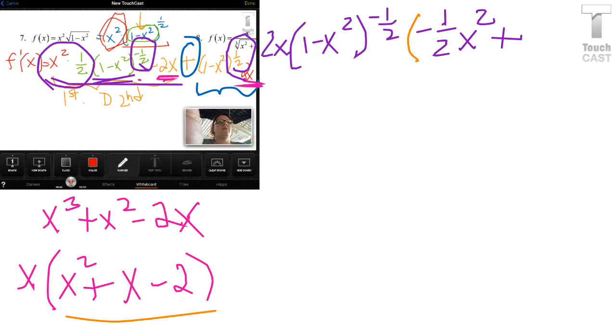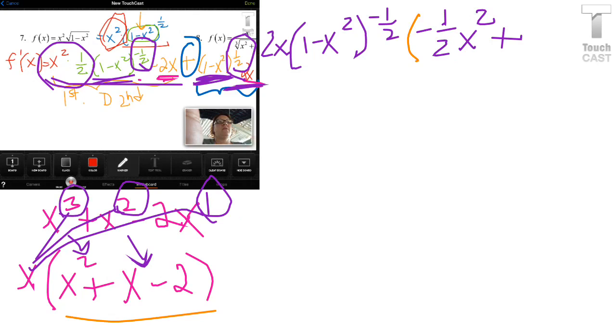When I look at the second one, the 2x I pulled out in front, but I had some more of these left. Now, if you stop and look down here at these, and I say, how do you get the leftover powers? Hopefully you would say you subtract. So you did 3 minus 1, and then you did 2 minus 1, and then you did 1 minus 1, and that generates all the new powers.